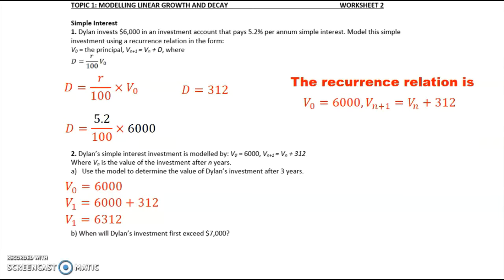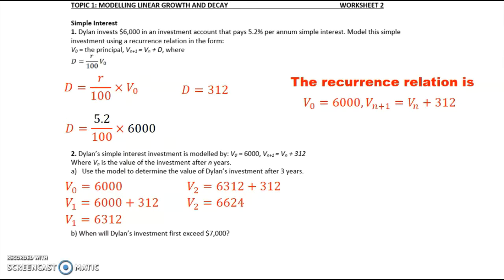And therefore we get $6,312. Now what we're going to do is keep using that value for the next term. V2 equals $6,312 and we're adding $312 again. And now we get $6,624.